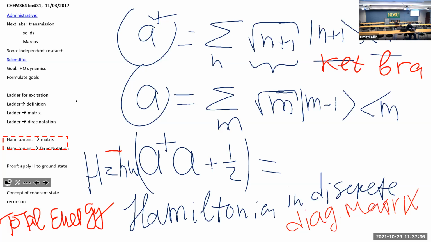Now, the ket is typically the angular bracket to the right. Ket corresponds to a column. And the angular vector to the left, the bra, corresponds to a row.